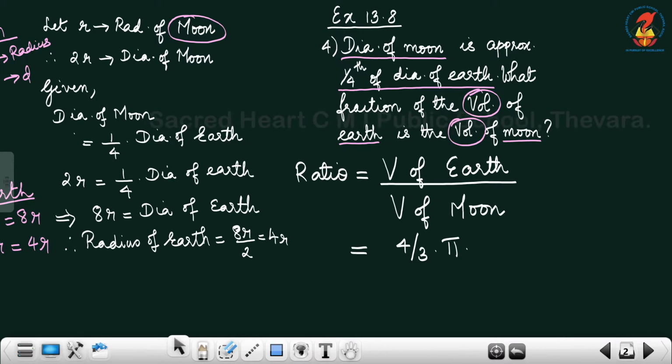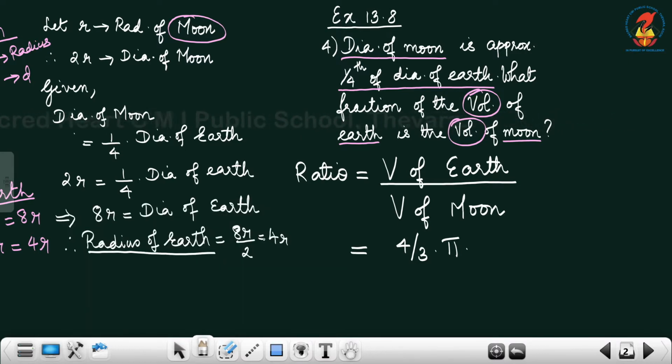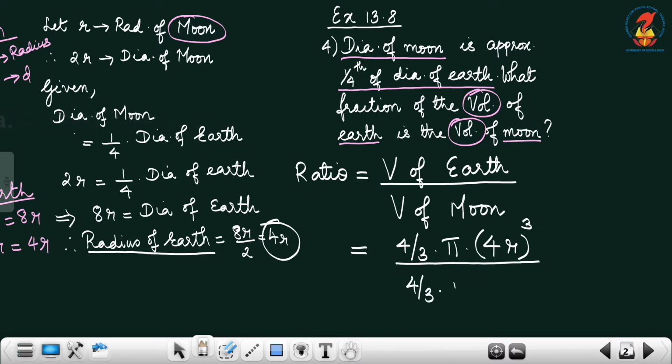Children, look here. Radius of the earth is 4r. So we need to substitute 4r here. 4r the whole cube by what volume of the moon? 4 by 3 pi. What is the radius of the moon? R.